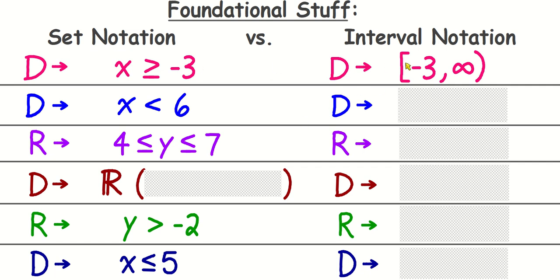If your domain is written like this, or it doesn't have to be a domain, if you have a set of numbers or an interval of numbers described in this kind of notation, what would be the equivalent way to describe it in the other notation, which again just happens to be called interval notation.